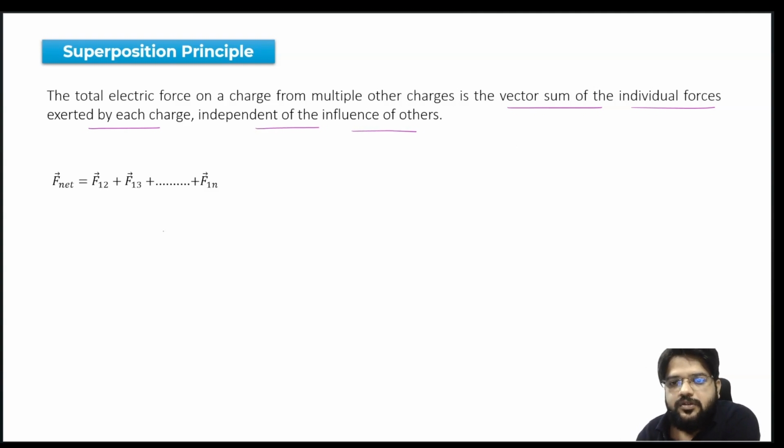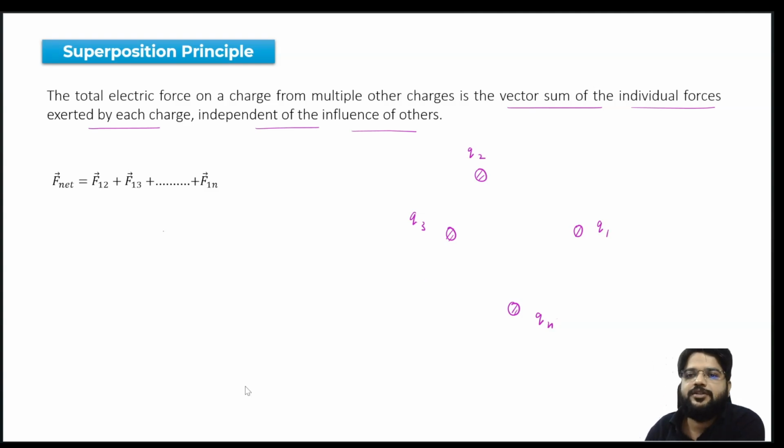So let's suppose we have n number of charges in the system. Let's say this is Q2, this is Q1, this is Q3, and this is Qn. So we have n charges in the system.